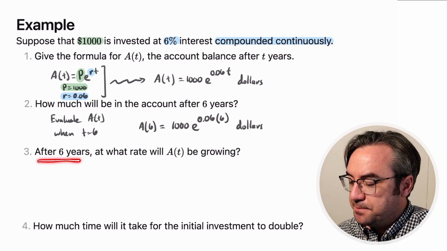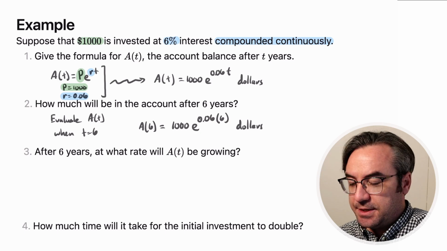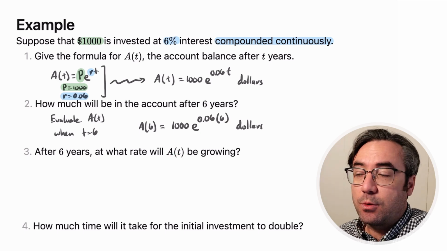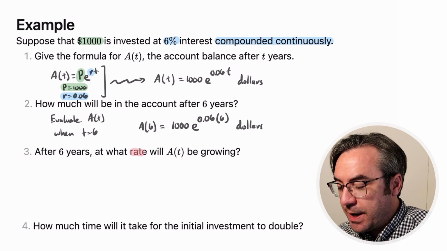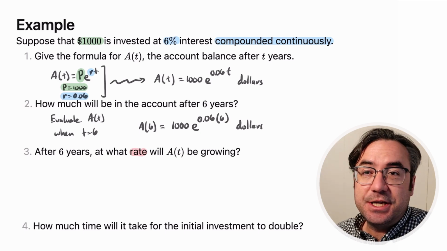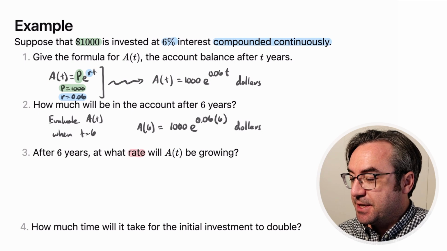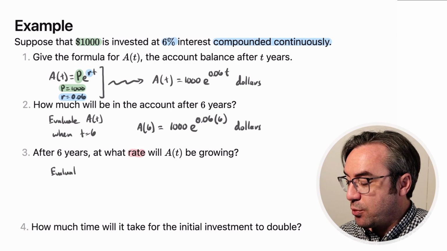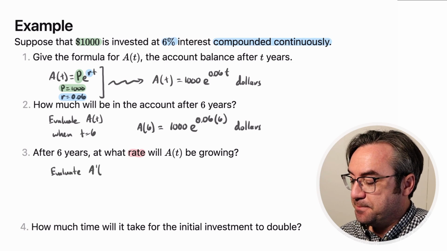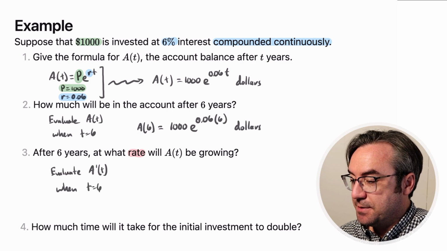Let's look at the next one. After 6 years, at what rate is A of t going to be growing? So when we see that word, rate of change is a derivative. So this one is asking us to evaluate A prime of t when t is equal to 6.